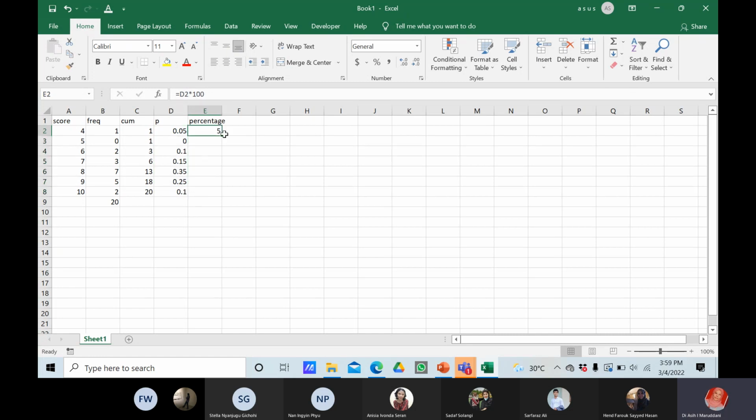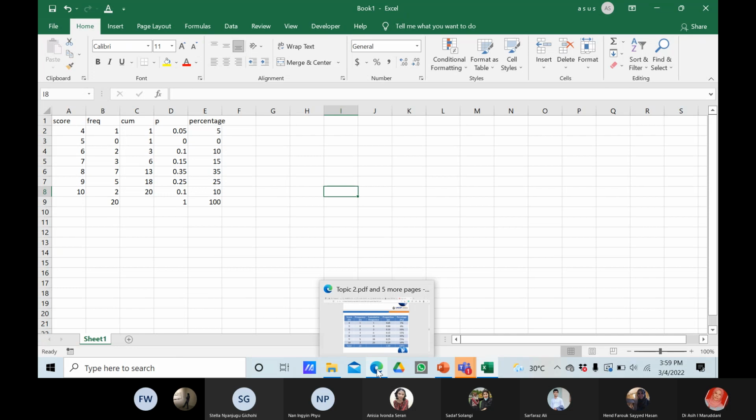And the percentage should be copied to the rest of the cells. You got this. It is a simple calculation with Excel. You can try this exercise at home.